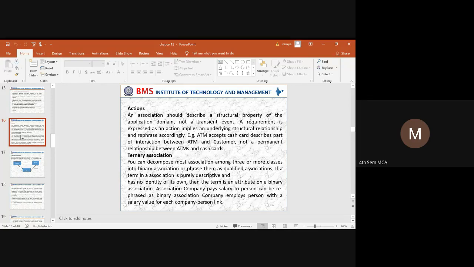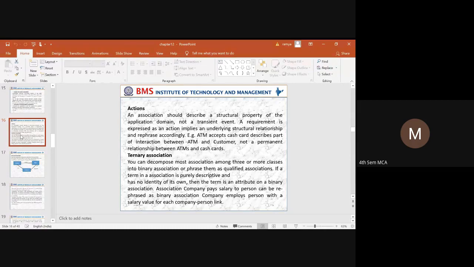So what about a binary association? Binary association is where we consider only the association between any two classes. Then what about a qualified association? We use an attribute as a qualifier. By using a qualified attribute, we describe the association between the classes.